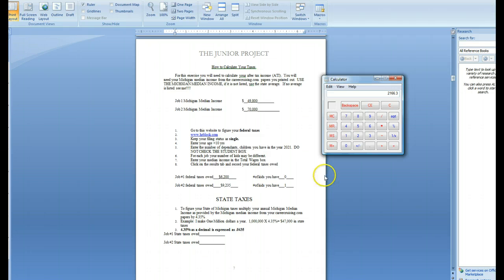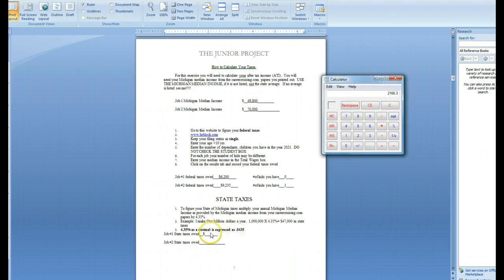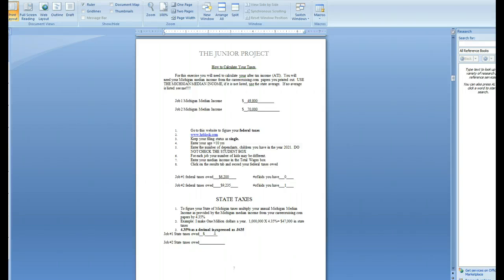However, to make things a little easier, don't worry about this decimal. So just focus on the full dollars amount. All right, so I'm going to write 2,166. So those are my state tax owed.